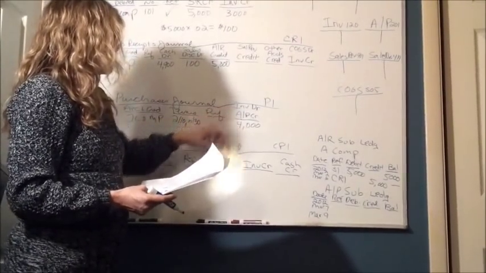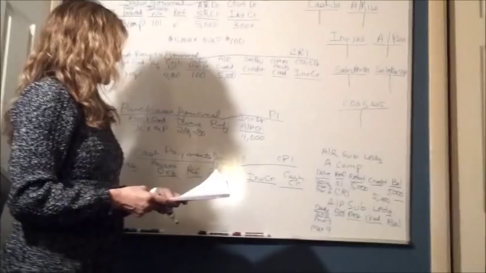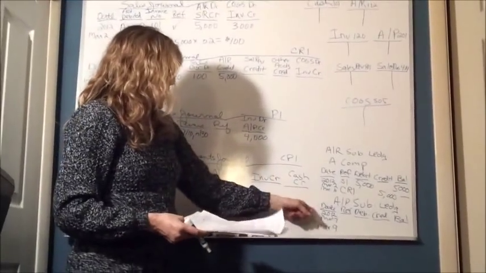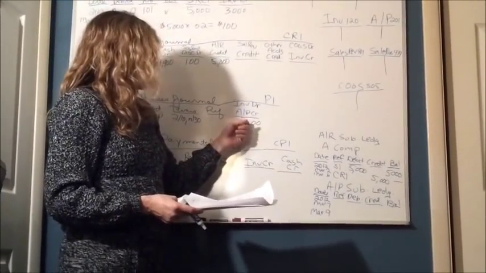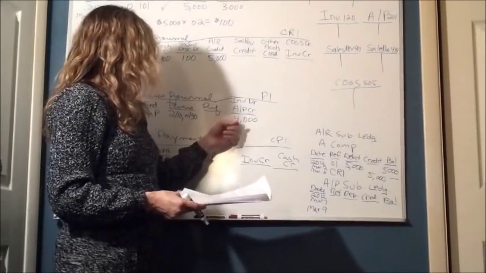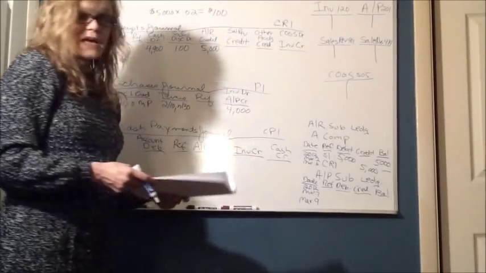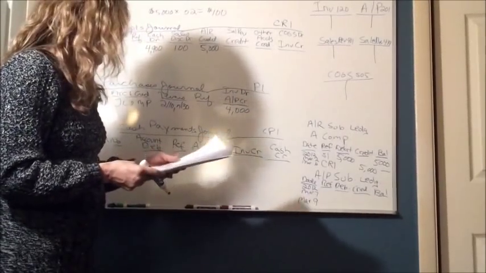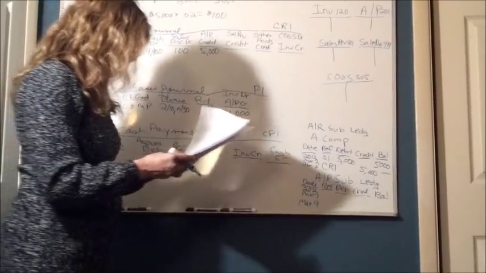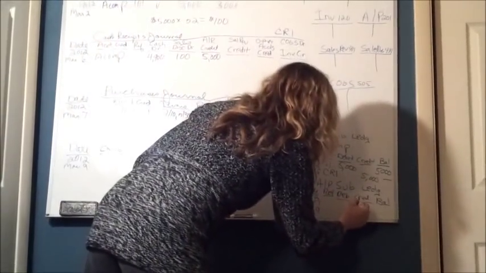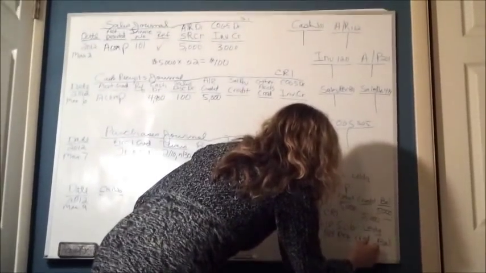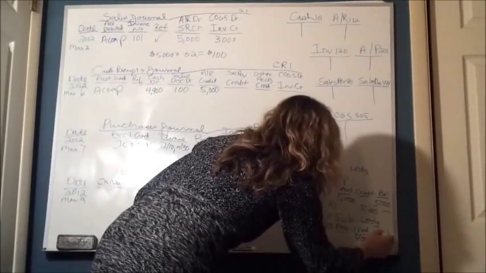Accounts payable also has a subsidiary ledger, and we're going to take the $4,000 from this purchase and record it in our accounts payable subsidiary ledger. The date of this is March 7th. We have a $4,000 credit. So our balance right now, as of March 7th, is $4,000.